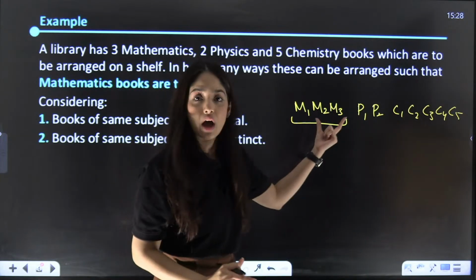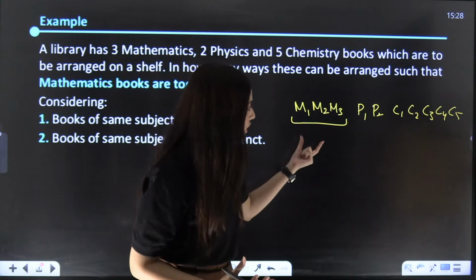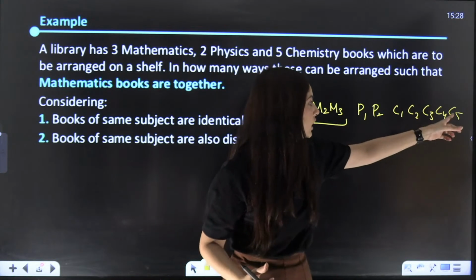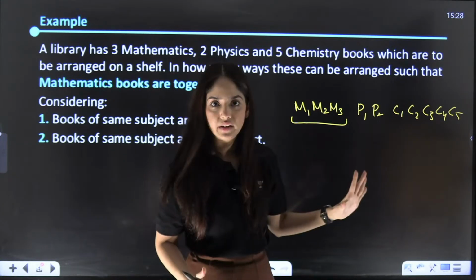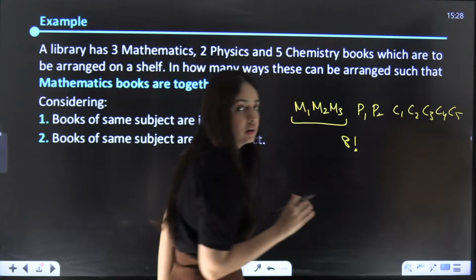This is one unit. So how many total objects do we have to arrange? This one unit, and 1, 2, 3, 4, 5, 6, 7. So 2 plus 5 is 7, plus 1 is 8. So now we have to arrange these 8 objects, 8 factorial.